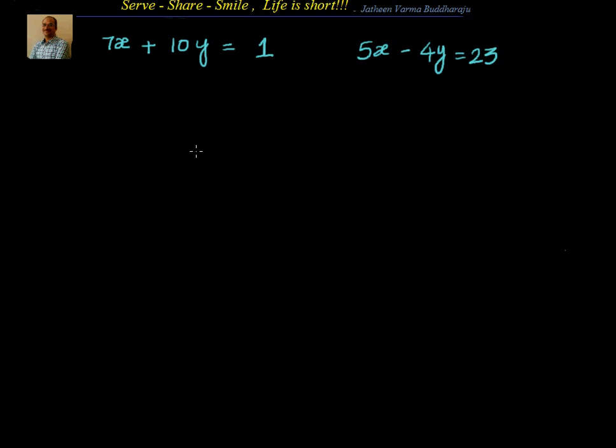So for that, let me take a generic example. Let us say we have a1x plus b1y plus c1 equal to 0, and a2x plus b2y plus c2 equal to 0. Now let us say we want to eliminate the variable y.